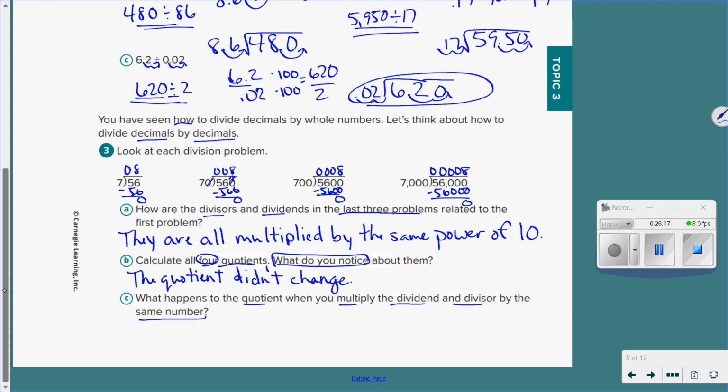What happened to the quotient when you multiplied it? The quotient had more zeros in front of it. Had more zeros in front of it, but did it really change? It didn't change. It stayed the same.